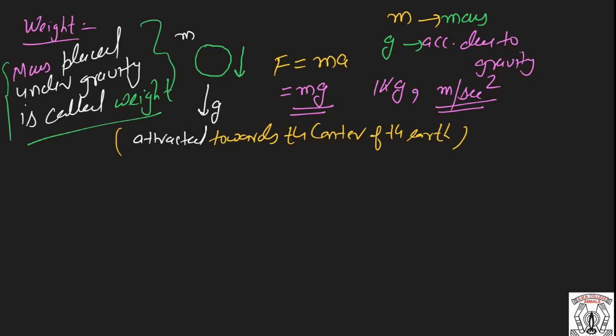Or a mass of m, say this ball, weight is that much force with which a mass of m is attracted towards the center of the earth. So, weight will be mg. So, weight is mg if a mass of m is attracted towards the earth under the force of gravity.